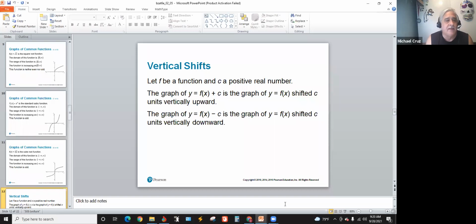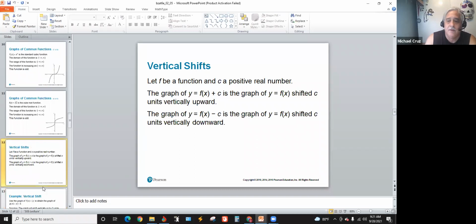But if you add something to the function itself, not fiddling with the actual function, but if you just have like x squared plus or x squared minus, then what that does is shift this function. And depending on what that value is that's added or subtracted, they use C, the constant value, the plus pushes it upwards vertically, the negative pushes it down vertically. Let's see how that looks.